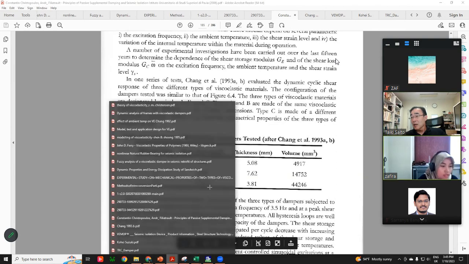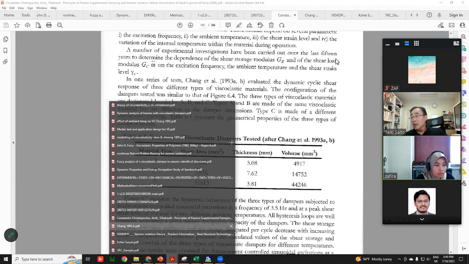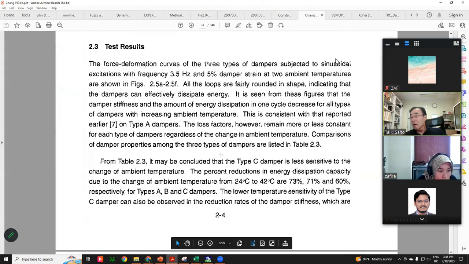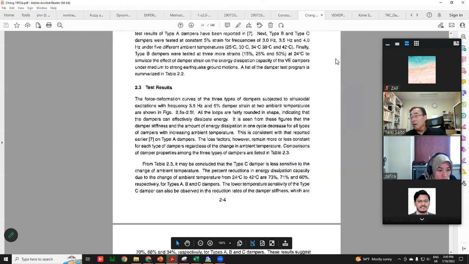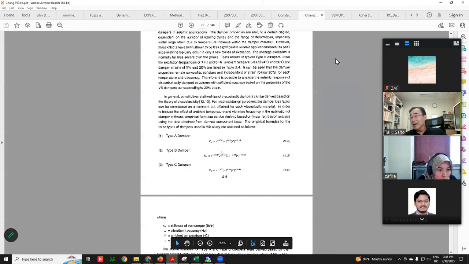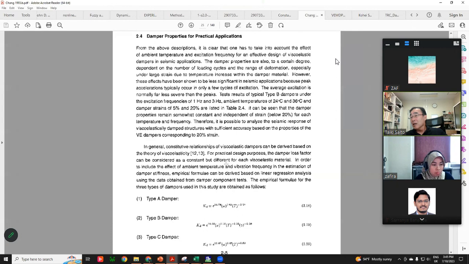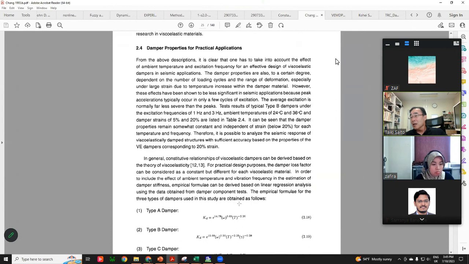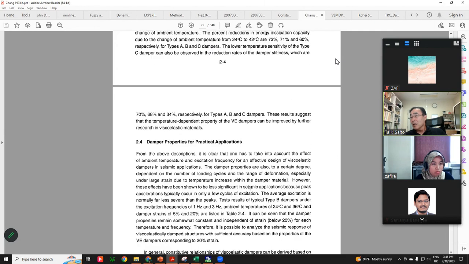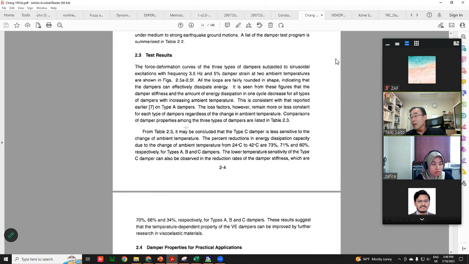Chang. So this is the Chang paper. Some chemical, I don't know, component or types. It says here the type is less sensitive to temperature and wind.